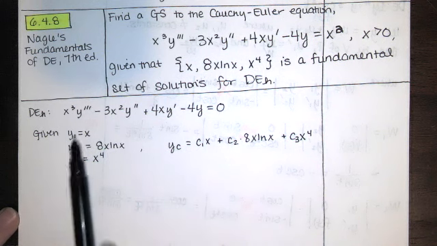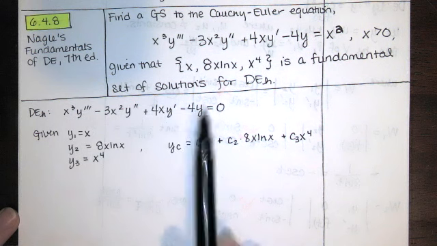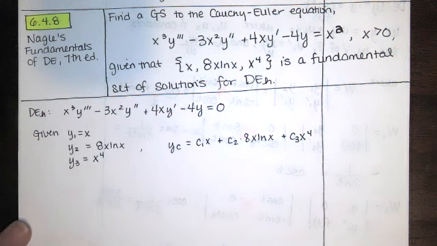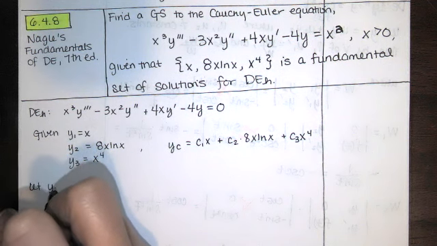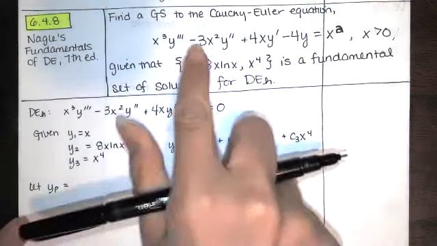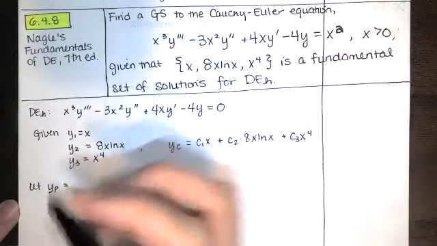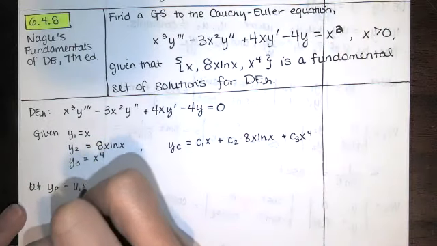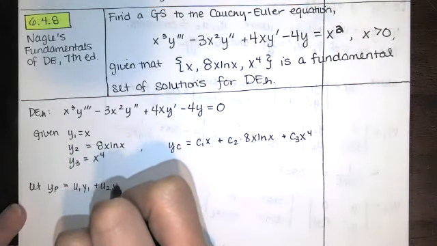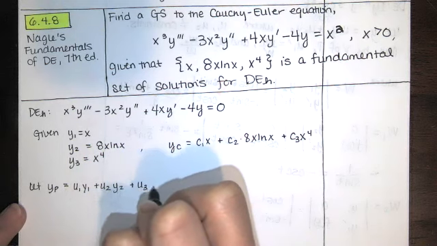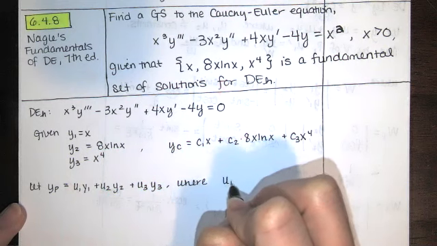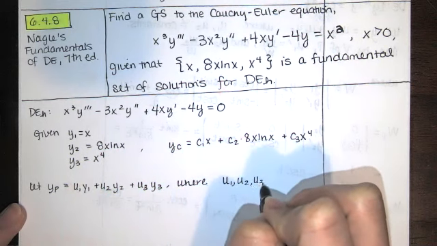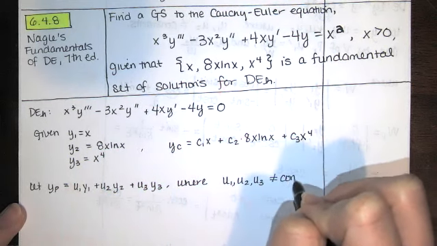So we know that these are 3 linearly independent solutions to this third order equation. So y sub c is this. And then if we want to solve the non-homogeneous problem, where the right-hand side is x squared, we're going to let y sub p equal u1 y1 plus u2 y2 plus u3 y3, where those 3 functions, u1, u2, and u3, are not constants.